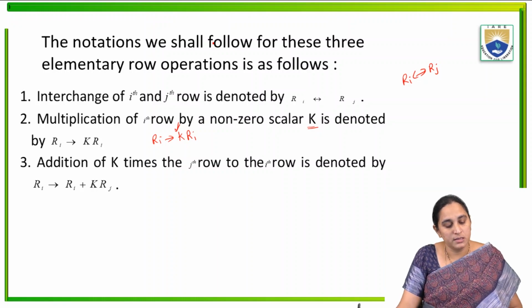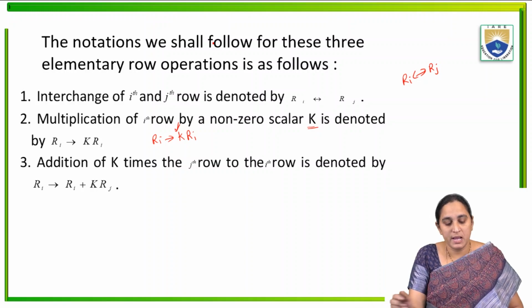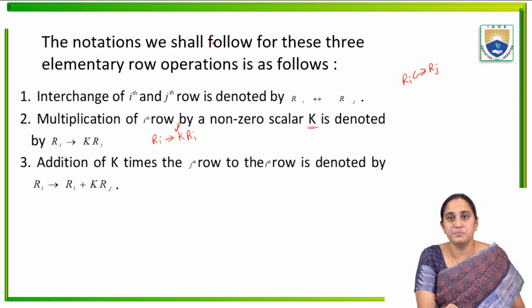The third one is addition of k times the jth row to the ith row.